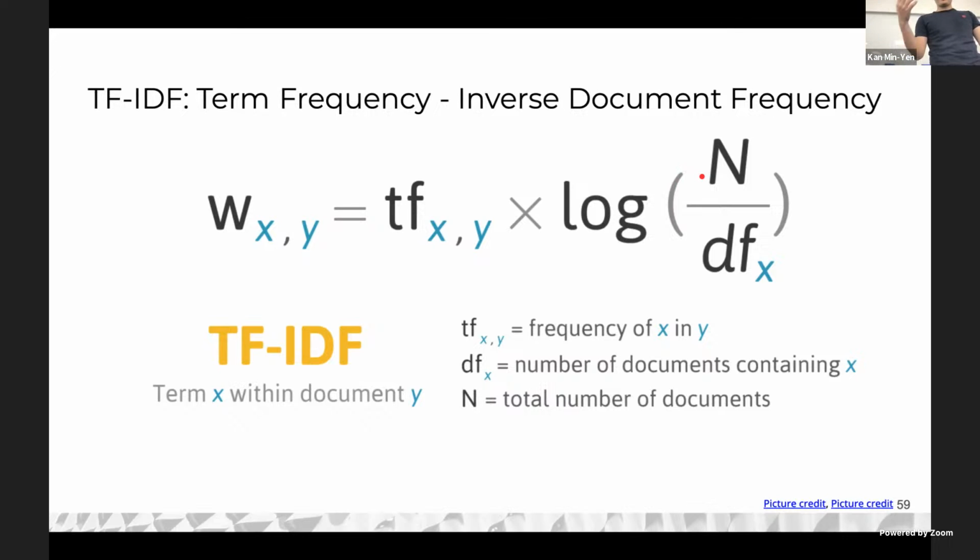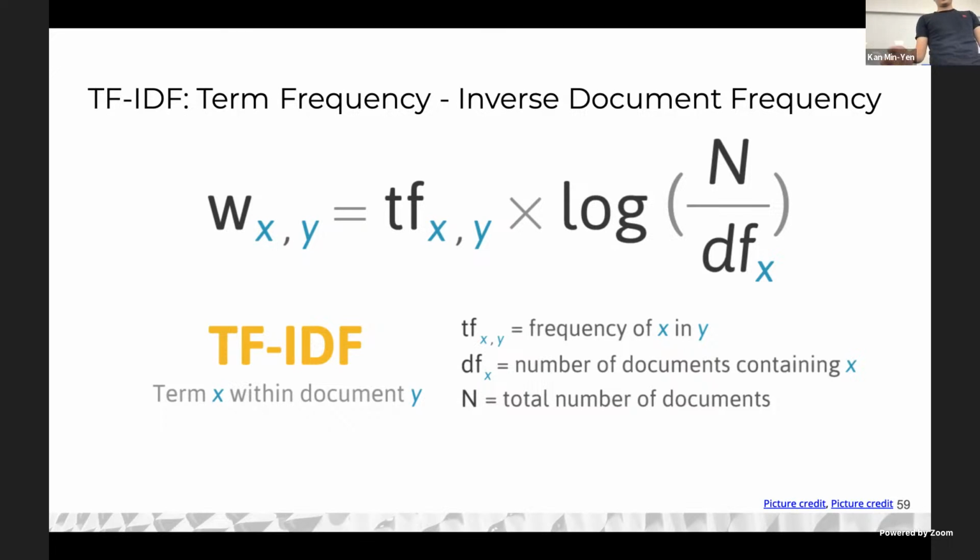So what do you mean by document frequency? It's the number of documents containing the term divided by the total number of documents. So why do we need this term here? As you can imagine, some terms are just too common to be truly meaningful. For example, terms like "the", "and", right? They occur in every document in your corpus.